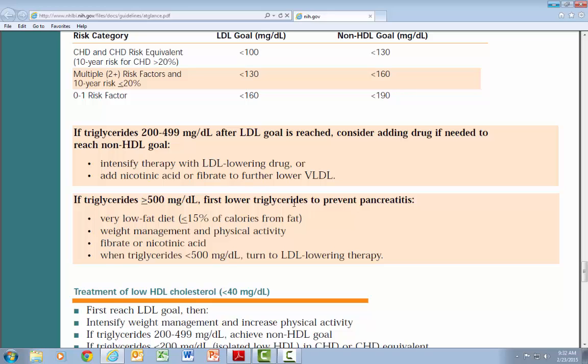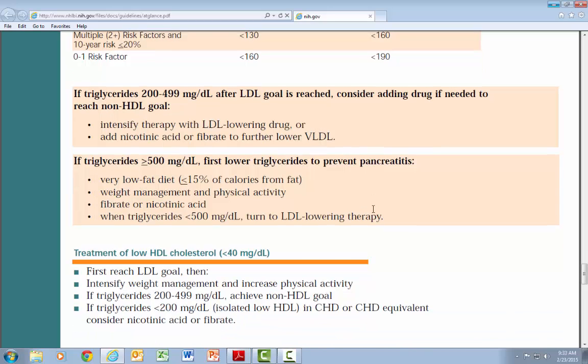You must first lower triglycerides to prevent pancreatitis because this will entail a very high mortality. So again, weight management, lifestyle modifications, but instead of starting statins, you would start fibric acid or nicotinic acid. All right, then once your triglycerides are less than 500, then you switch to your LDL lowering therapy.